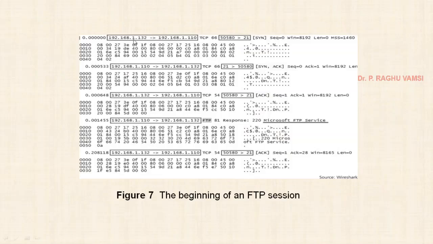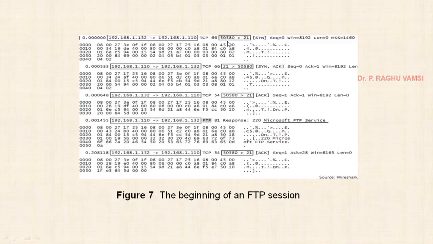Here, 192.168.1.132 is sending a request to 1.110 to establish a TCP connection to port 21, from port number 50580. Port 21 is FTP, the default FTP port number.